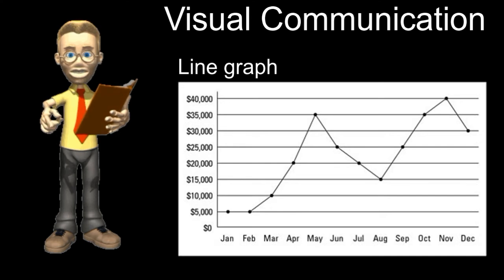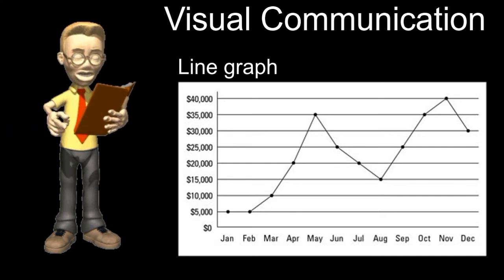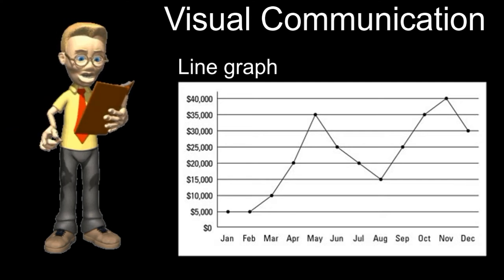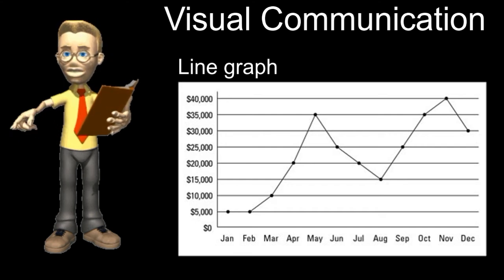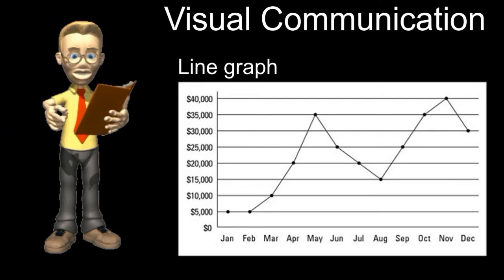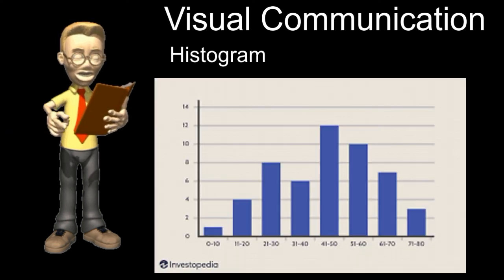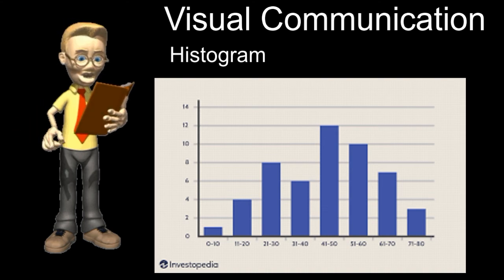Now, line graphs are normally used by business to represent or to compare more than one data next to each other, because they could show the trends of sales of two different products, and they could use two different colors or two different lines to represent a product, and they could easily make comparisons between those two products using a line graph.